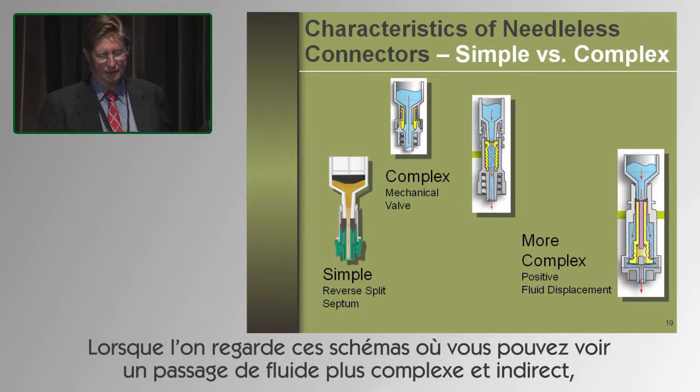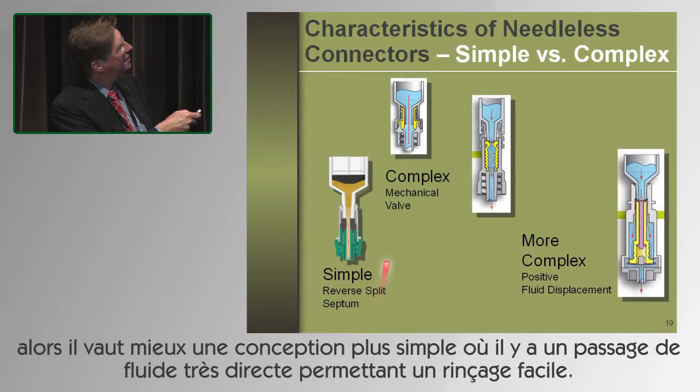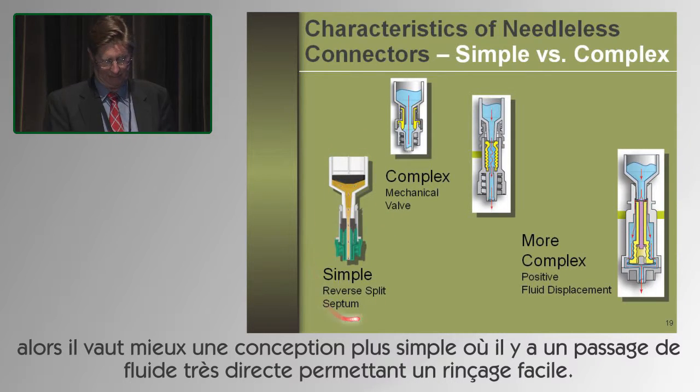And as you look at these designs, you can see that the more complicated and indirect the fluid path, it somewhat translates to the more complicated internal design, and you have a lot greater surface area in these complex connectors for biofilm to develop than you do in a simple design where fluid has a very direct path. It's also easier to flush the device.